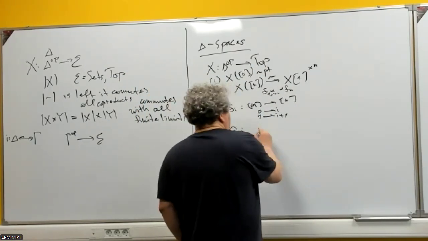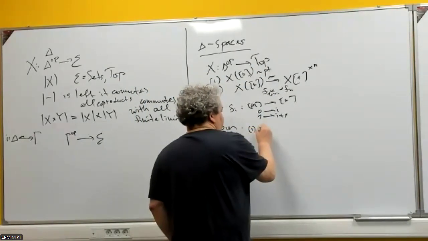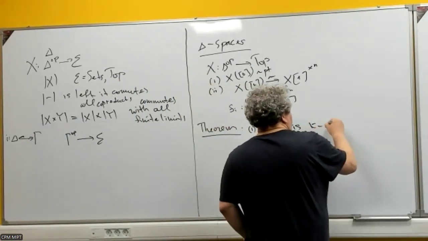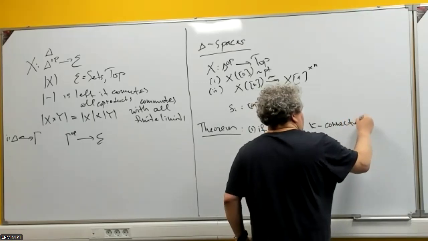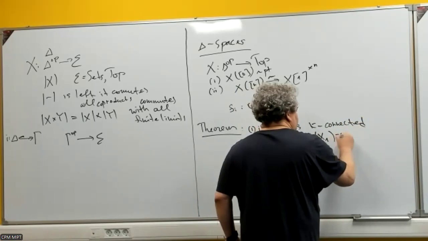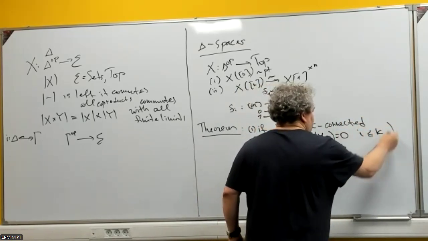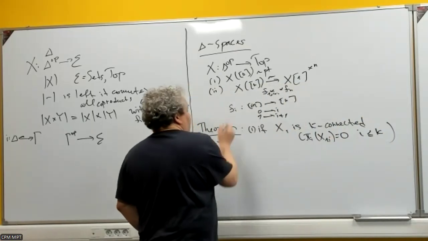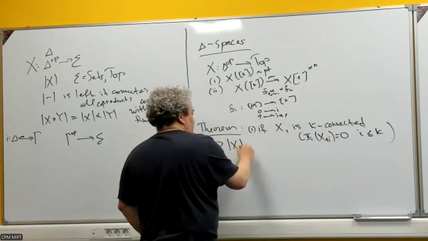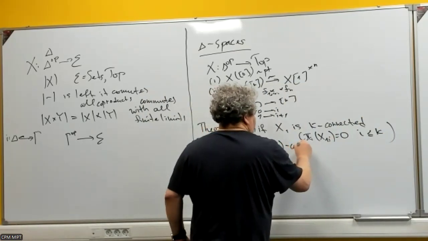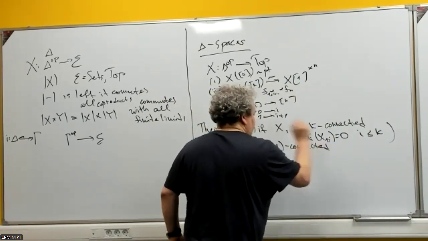The first statement: if X1 is k-connected, I recall that it means that pi i of X1 is 0 for i less or equal than k with any base point, then the realization of X is k plus 1 connected. This is the first statement.